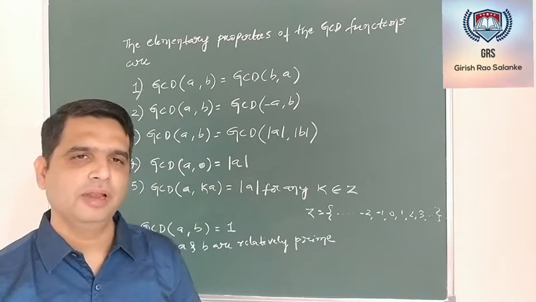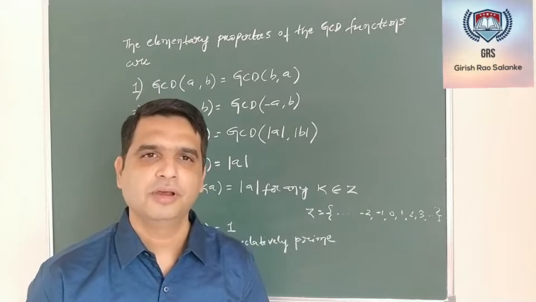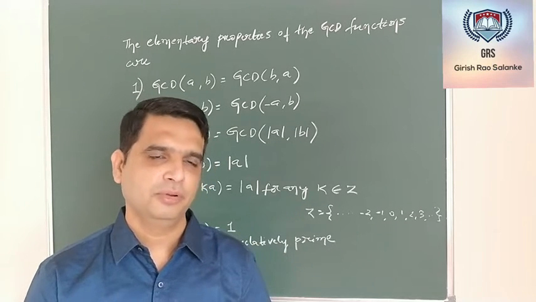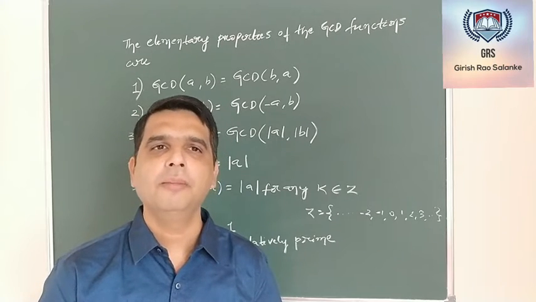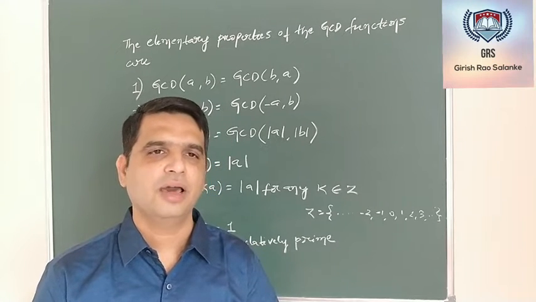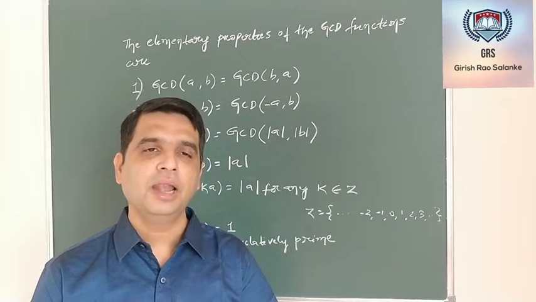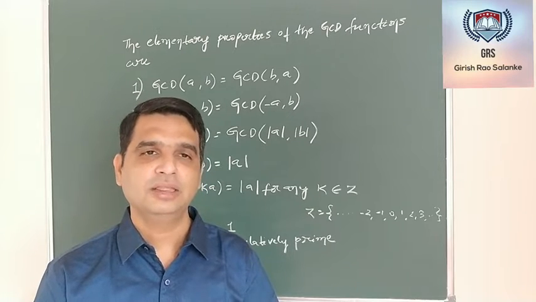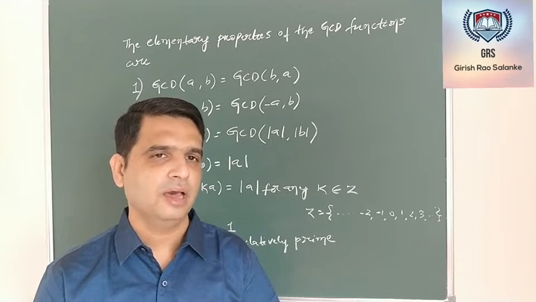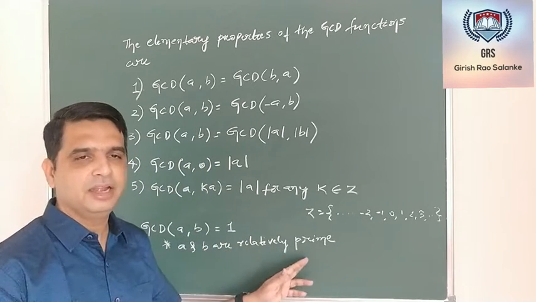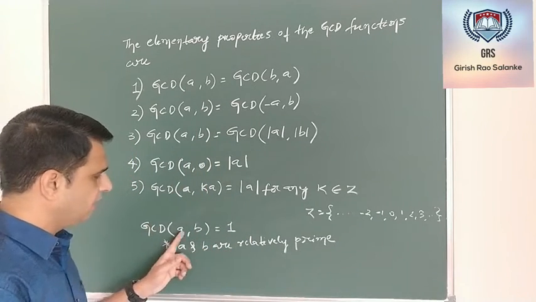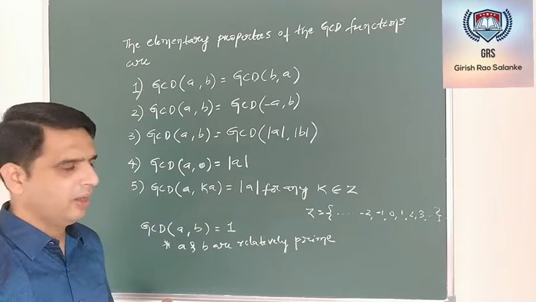Hope we all are familiar with the concept of public and private key crypto systems. There is a popular public key crypto system by name RSA. In case of RSA, the inputs are two relatively prime numbers. When I say that A and B are relatively prime, it implies that the GCD of A and B should be equal to 1.